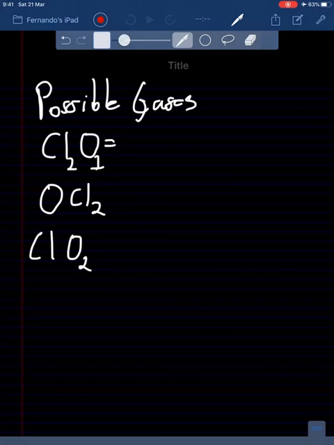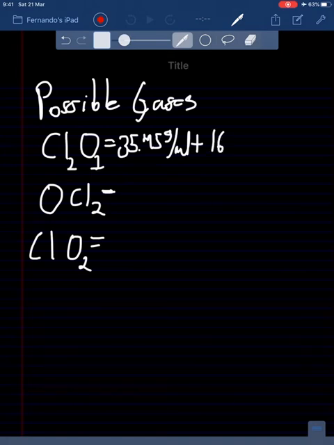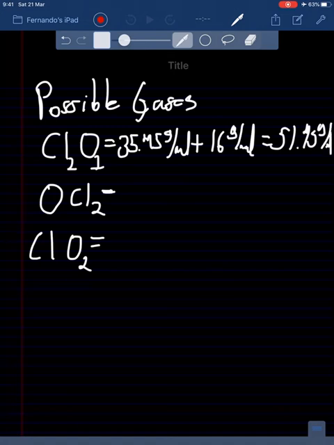If I perform the calculations for the molar mass of each one, it's pretty simple. It's 35.45 grams over mole plus 16 grams over mole, and the result is something close to 51.45 grams over mole. Very well. Now, the next one.